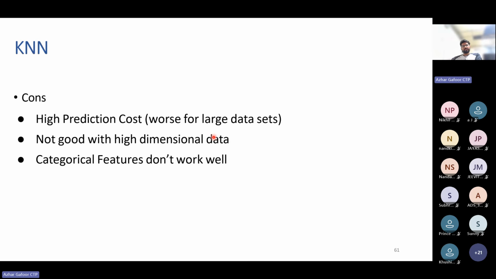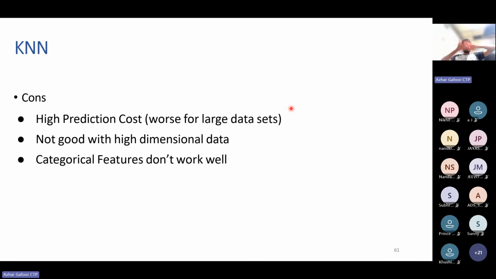If the data set becomes large, then we have to take the distance with respect to each of the data points. And using a higher number of K makes the prediction costly. Then if the dimension of the data is high, so in all these examples we have seen only data with two dimensions, that is the x and y axis.